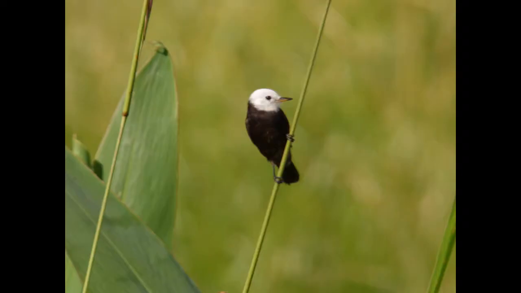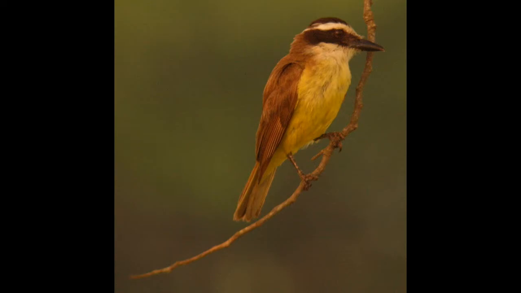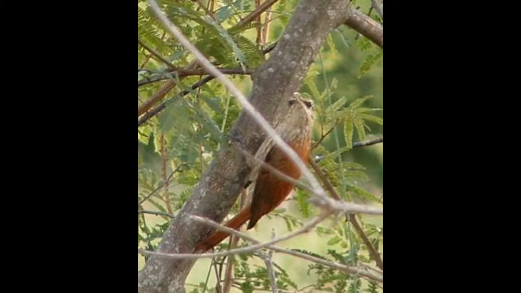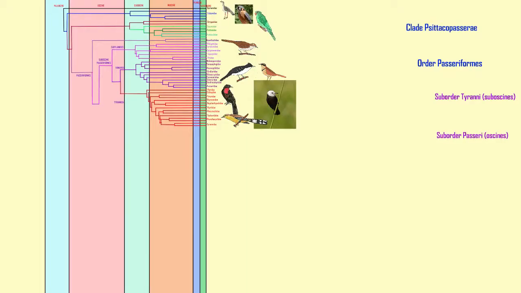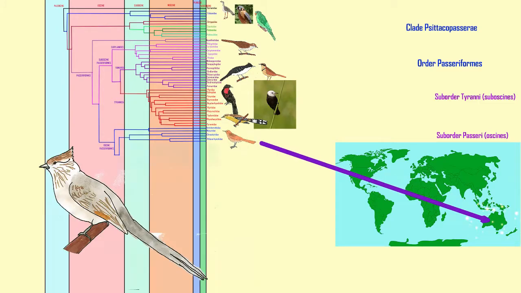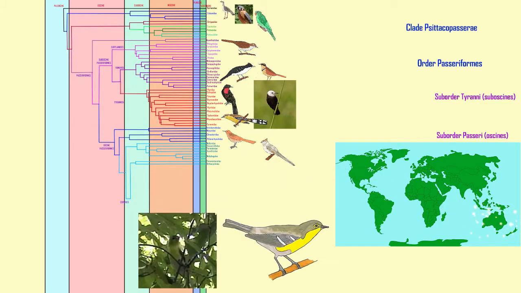And then the suborder which includes the majority of songbirds, the suborder Passeri. The suborder Passeri can then be subdivided into infraorders, superfamilies, and once again, these birds are not equally related to each other.